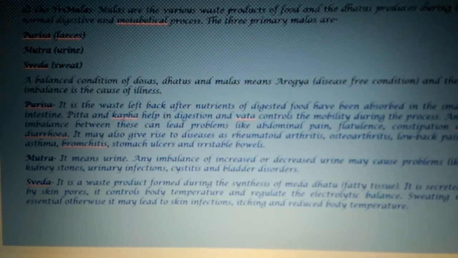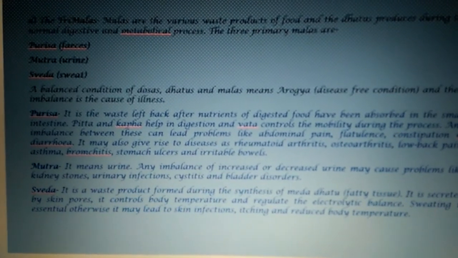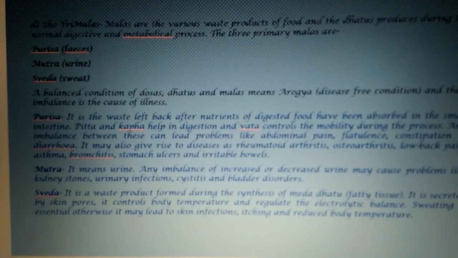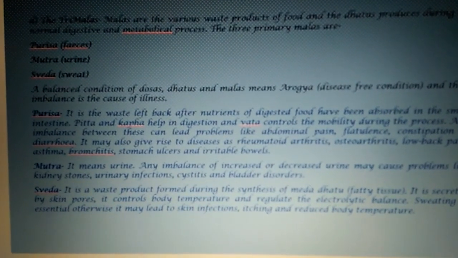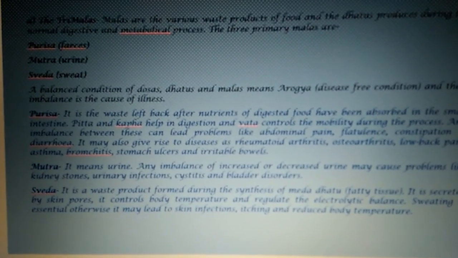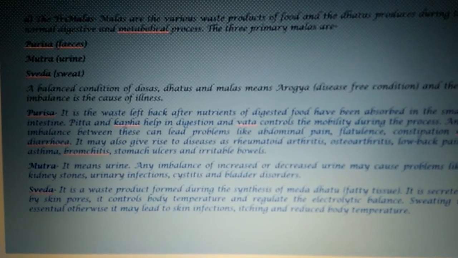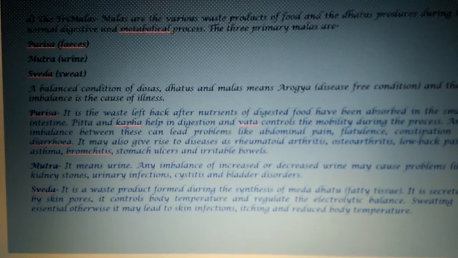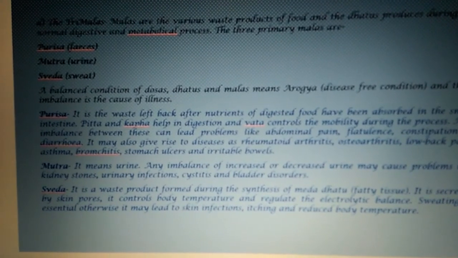Any imbalance between these can lead to problems like abdominal pain, flatulence, constipation or diarrhea. It may also give rise to diseases such as rheumatoid arthritis, osteoarthritis, low back pain, asthma, bronchitis, stomach ulcers and irritable bowels.